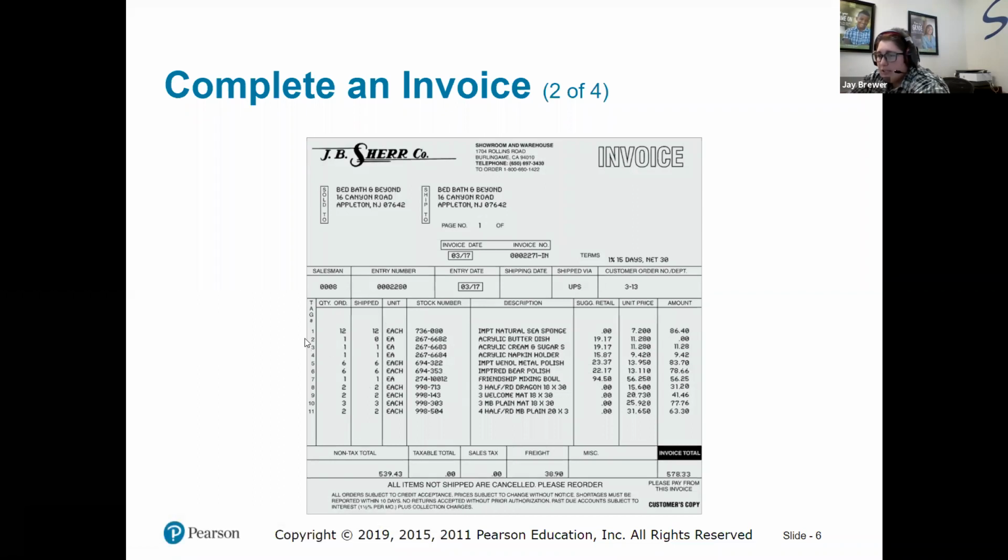What's interesting in the second column is that for this acrylic butter dish, they ordered 1, but they received 0. So they obviously do not have to pay for that amount. You can see at the end where it says amount that row is zeroed out. Why? Because even though they ordered it, they did not receive it, so they will not be charged for it.